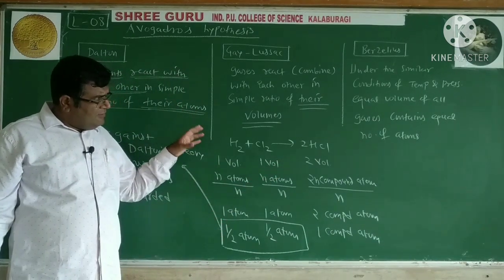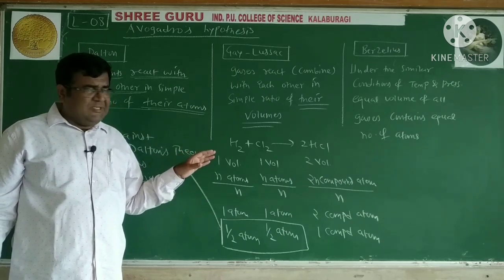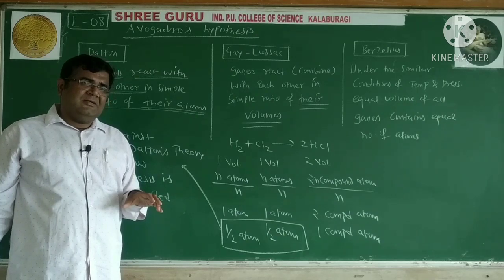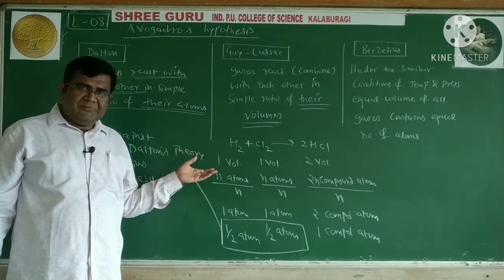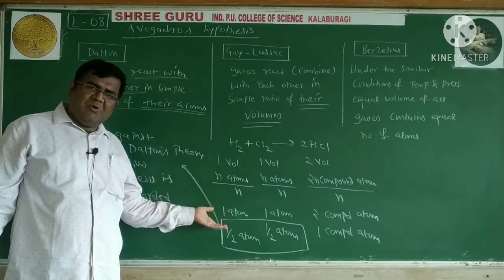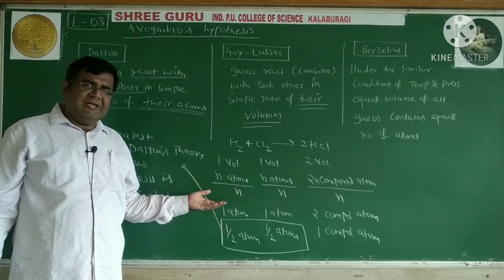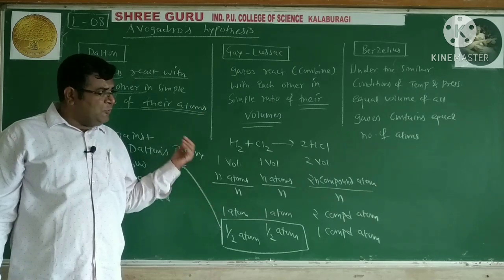So there is a lot of confusion in this. Avogadro has solved this very important question. Because reactions are bound to happen, and if we go on assuming half atoms, this is not the correct way to explain the things which we know.